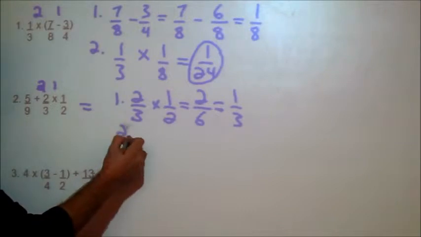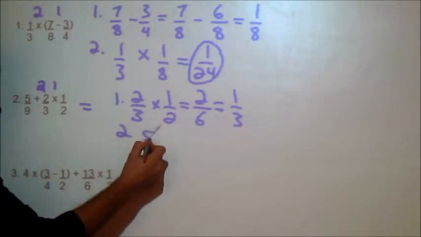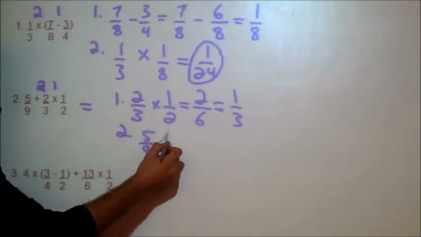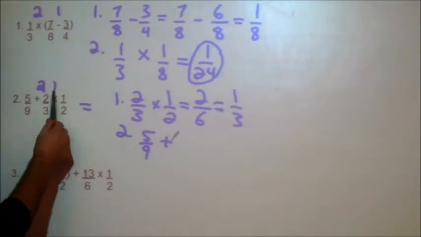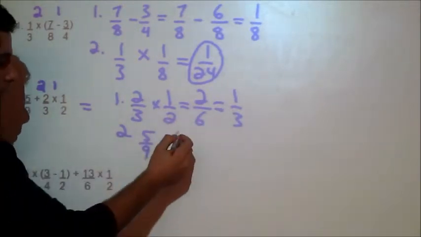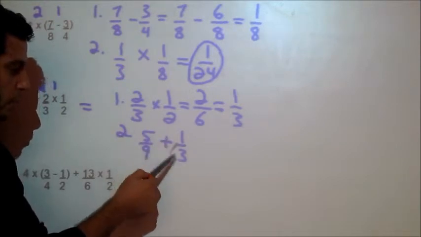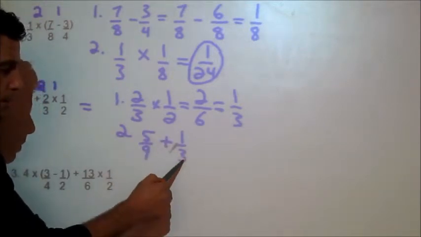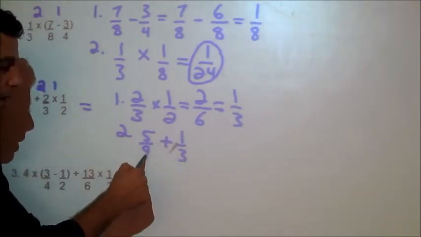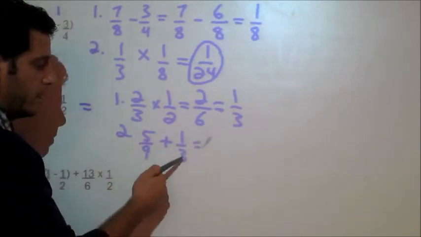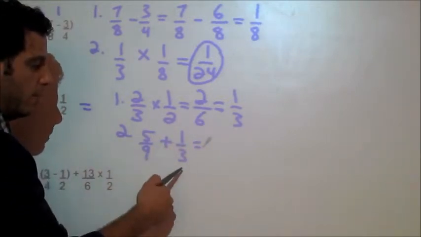All right, the second step was 5/9 plus this value here, because multiplication came first. We calculated that to be 1/3. So 5/9 plus 1/3. Now again, when you're adding, we need common denominators. 3 is exactly 1/3 of 9, so we can multiply this by 3 to make a common denominator.